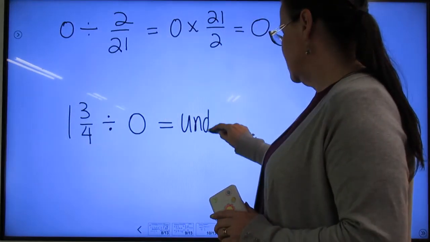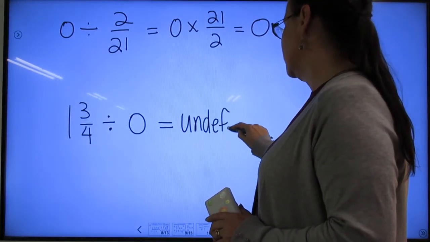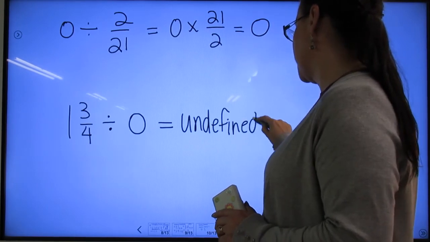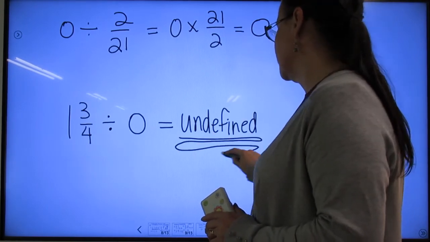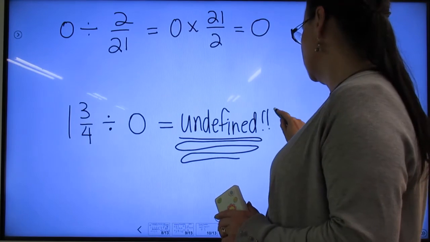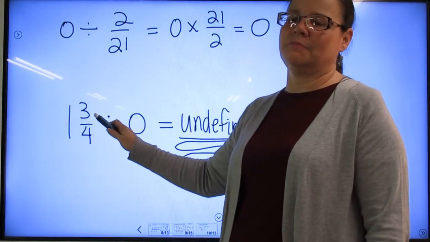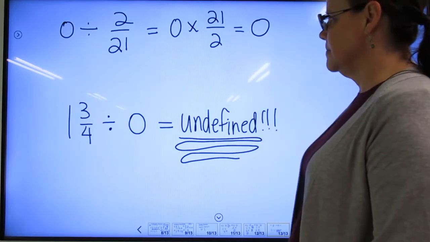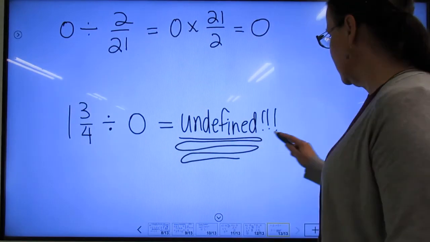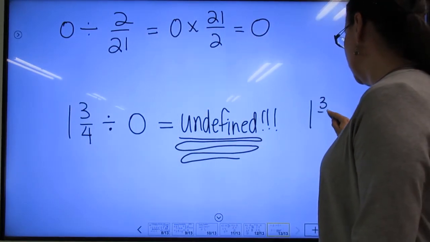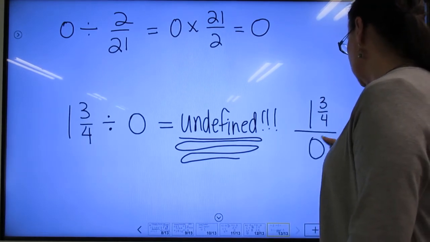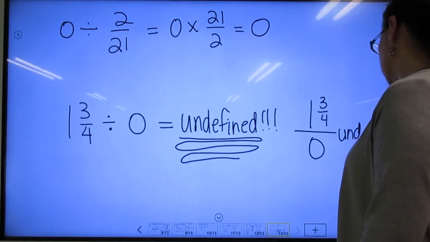Undefined. Cannot do. Please note, I've said it other times, you cannot divide by 0. Okay? In this setting. Because it would be 1 3/4 divided by 0, it's still undefined.